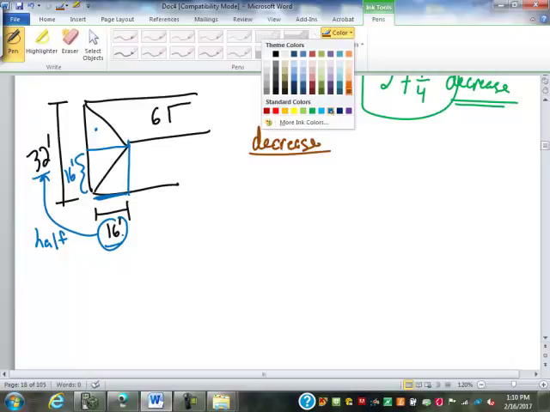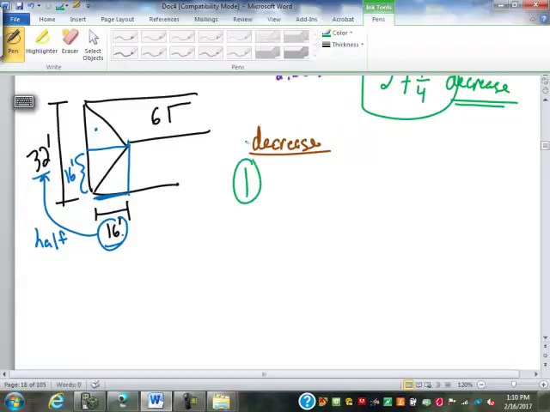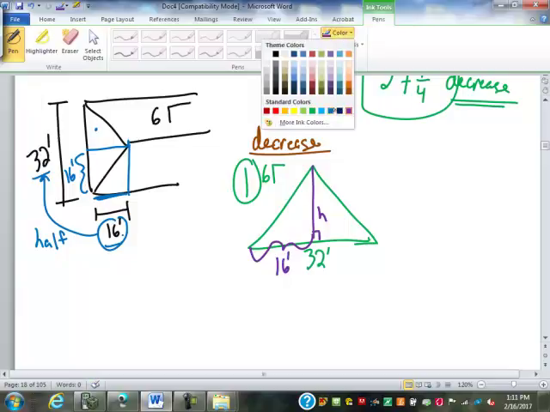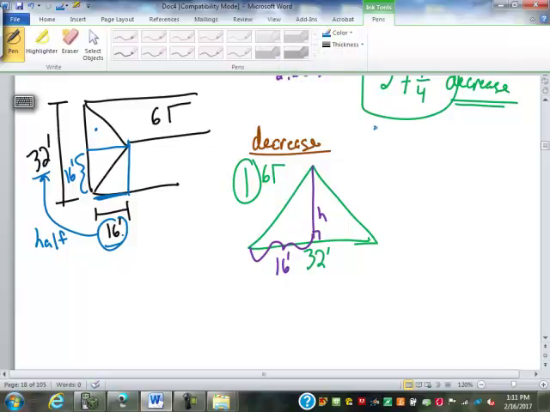So you guys talk me through finding the decrease here. What's step one? So common. So we have what down here? 32 here. 6 in 12. Okay, and what do we have to find first? Height. What do we need to know for height? This is 16 feet is the run. Okay. So what's our proportion?